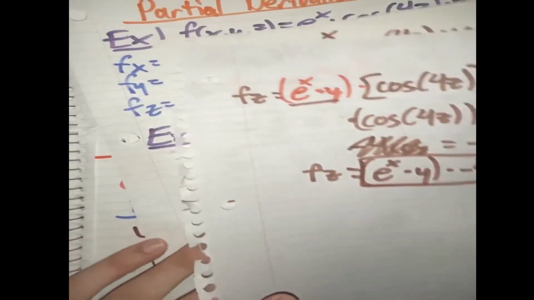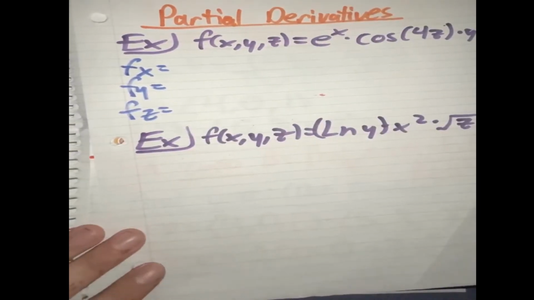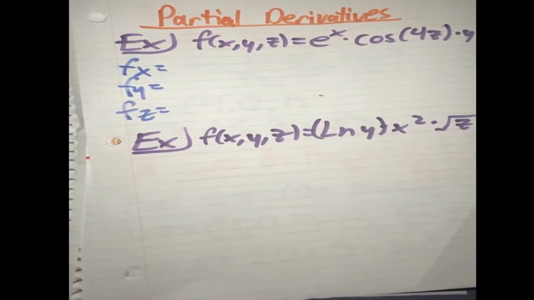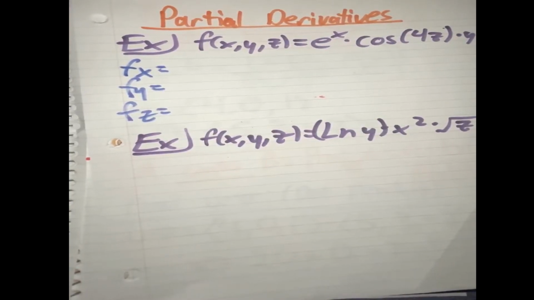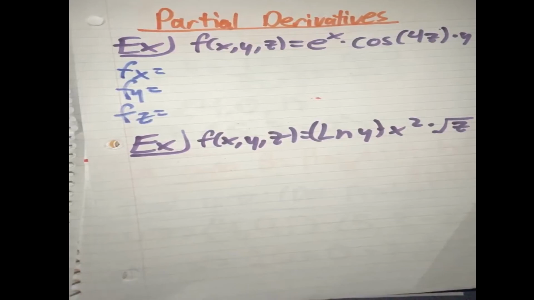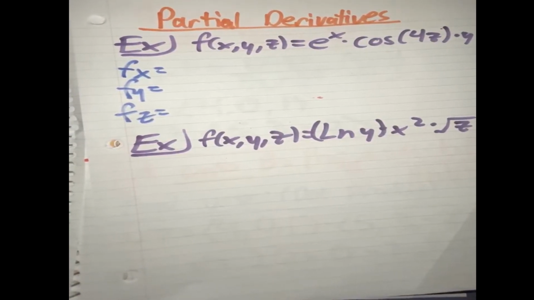Now here, we're given example 2, which looks quite complicated, but it's really not that complicated. So the partial derivative with respect to z, it's asking for, let's see if I can capture it.